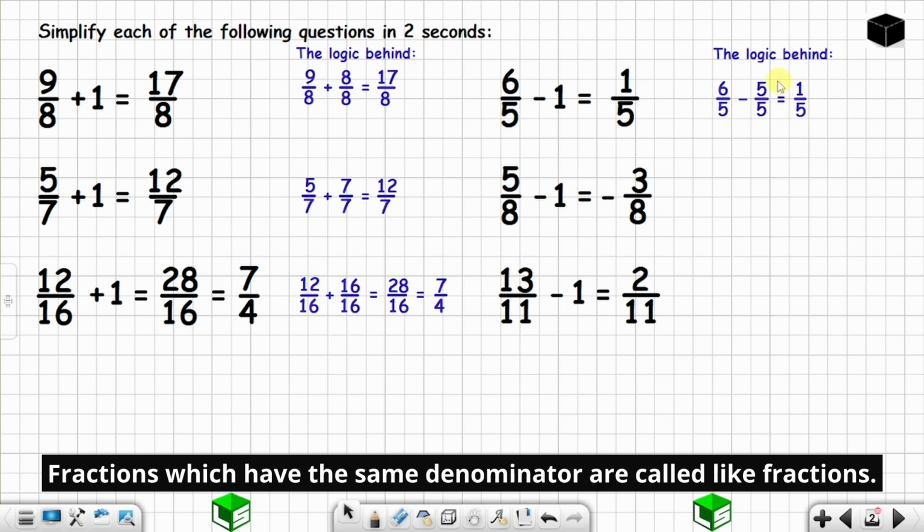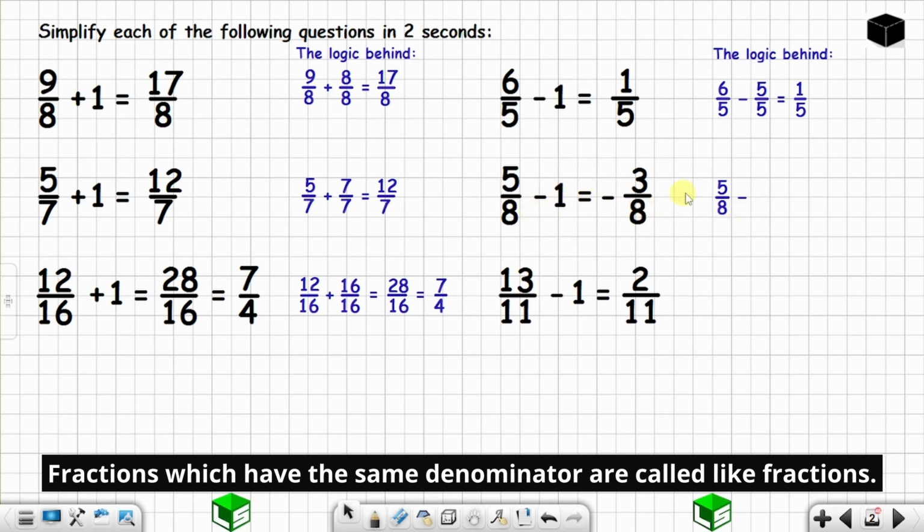You have like fractions. And the logic behind this: you have 5 over 8 minus 1. You can change 1 in such a way that you have like fractions.